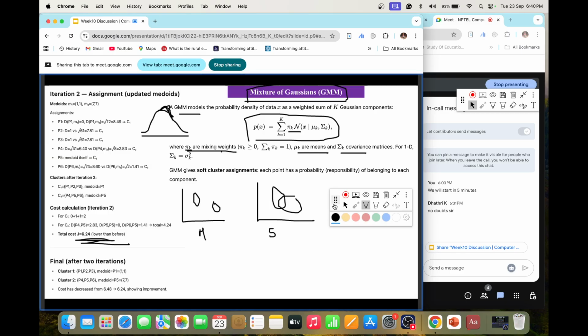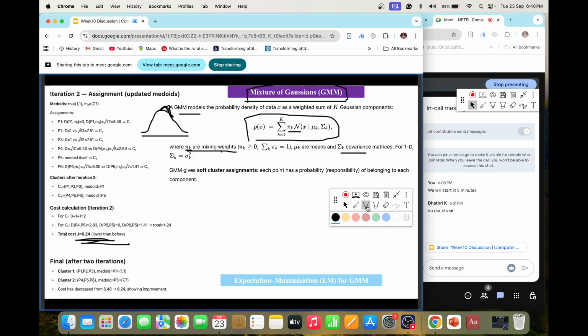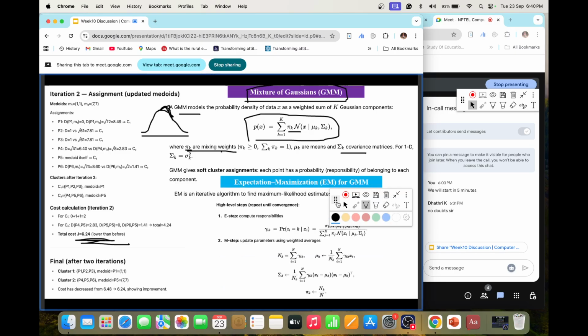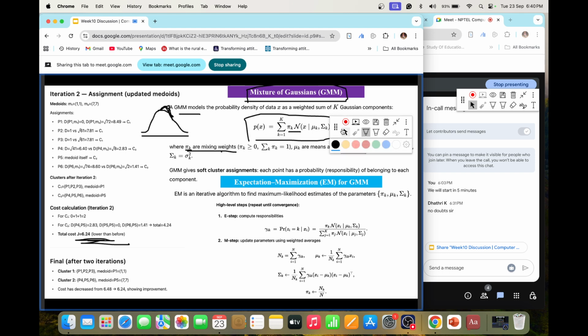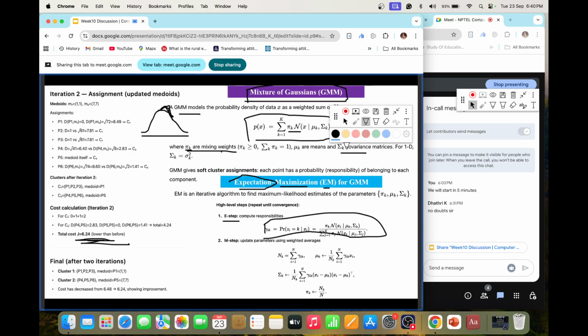Now here we do the update. So how do we do the update? We do the update by this algorithm, that is expectation maximization, or the EM algorithm. First we have the E step, or the expectation step. In the expectation step, we calculate the responsibility or the likelihood. In the M step, we try to maximize. We have these three parameters, pi k, mu k, and sigma k.